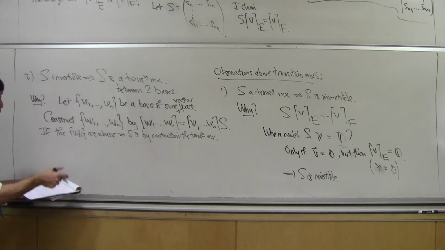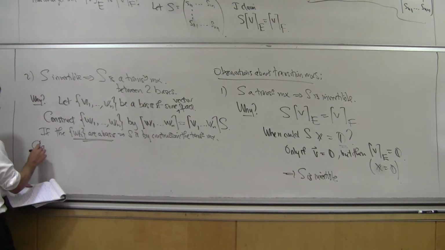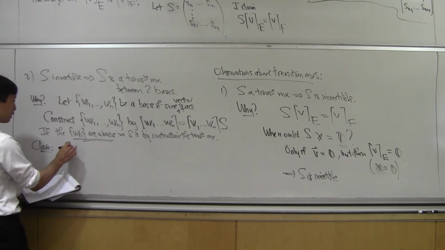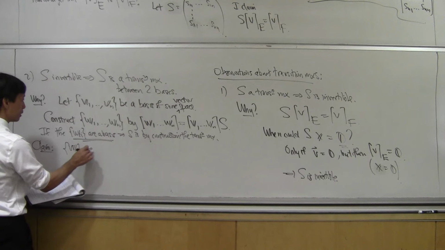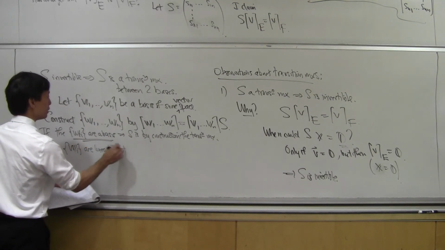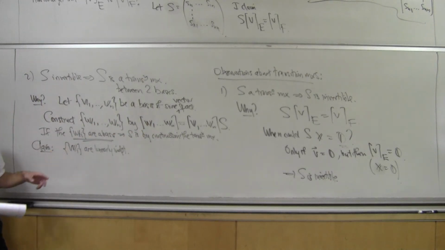So the only thing we need to show is that these guys are a basis. So it suffices to show that these guys are linearly independent, because they're the right size, right? There are n of them, there are n of the other guys. So we only need to show linear independence.